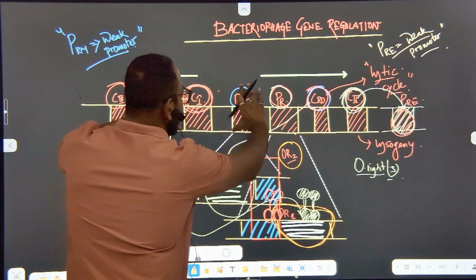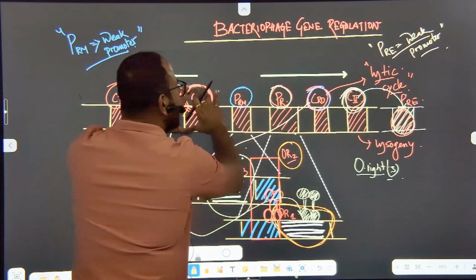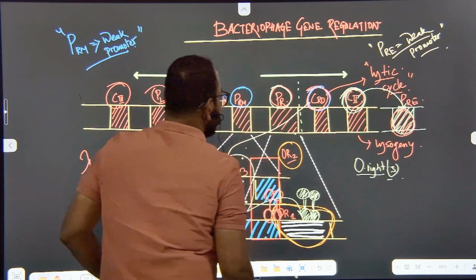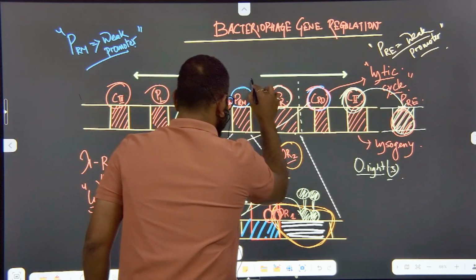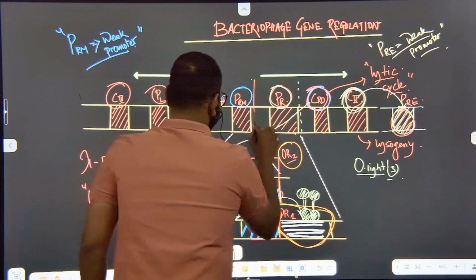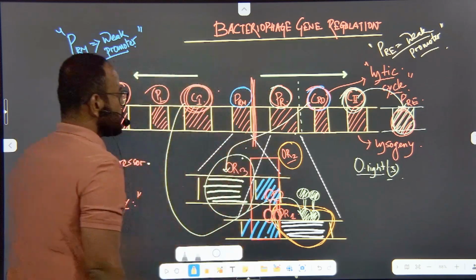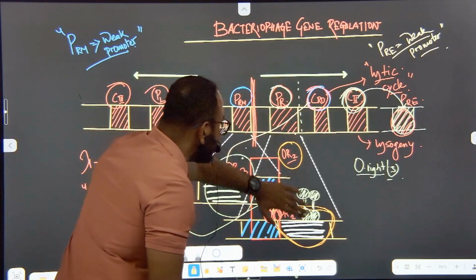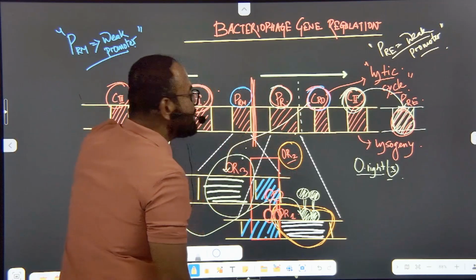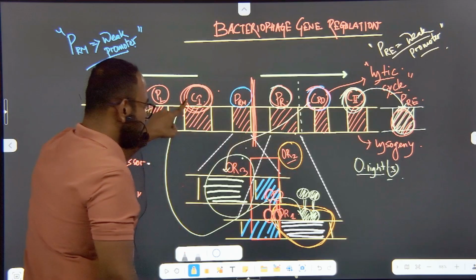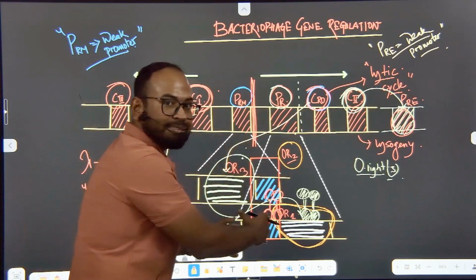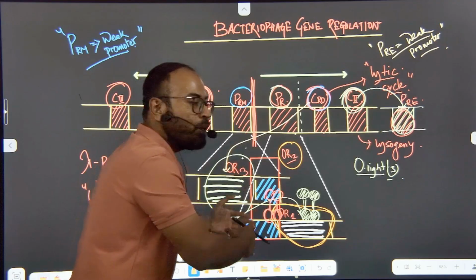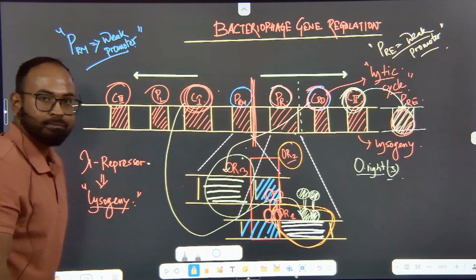RNA pol can only move up to this point. Why? Because PR is maximally occupied by synthesized C1, so there is no space for protein to bind with OR3.